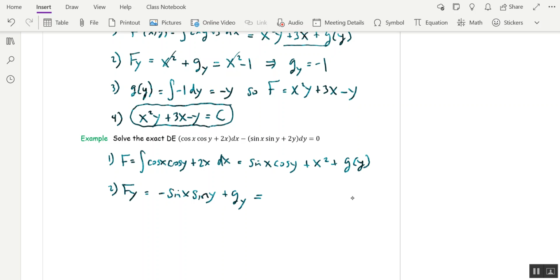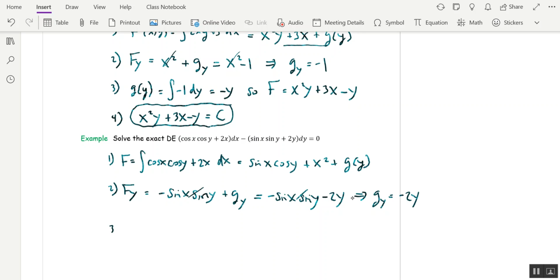And we're going to set that equal to n. Now be careful. N is not positive sine x sine y plus 2y. It's negative because there's a minus here. So n is negative sine x sine y minus 2y. So kill. That tells me that g sub y is negative 2y.